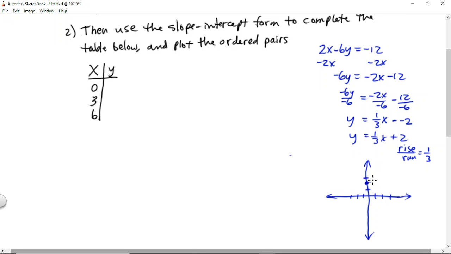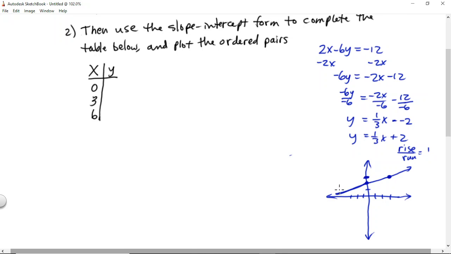So we'll go up 1 over 3, gets us to there. I'm going to make that a little bit better. That's more like up there. Okay, up 1 over 3 gets us to right there, and there's our line.